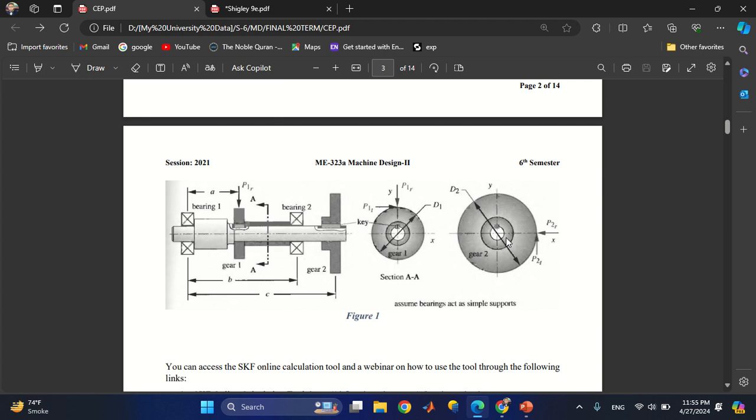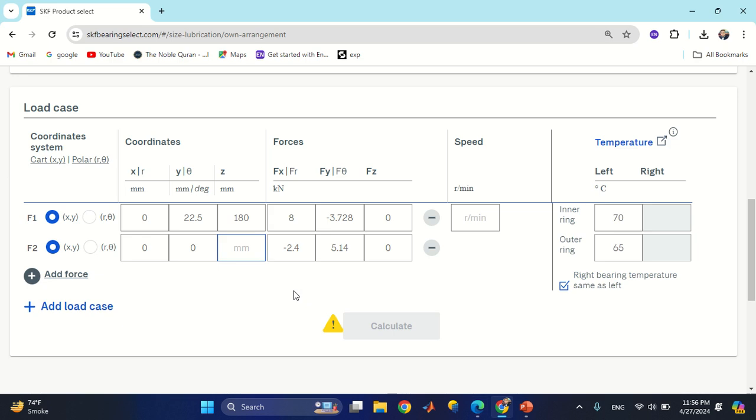So in the Z direction, you can see here, this is the distance about Z, so this would be the Z axis and this distance is C. Just put here in the Z box, in mm, the value of C, whatever the C you have.